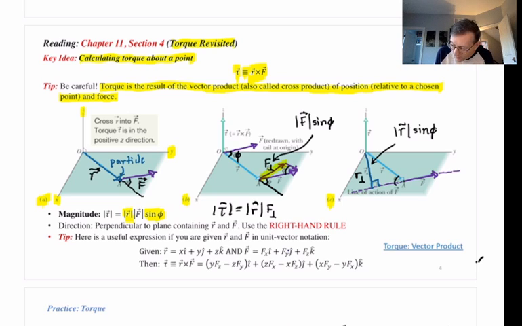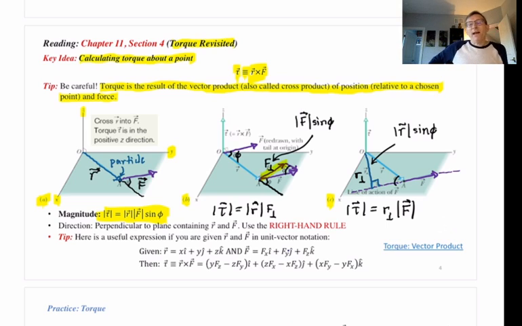So I get yet another way to calculate the magnitude of the torque: moment arm, R perp, times the magnitude of the force, which is how I did it in chapter 10. And again, I'm just showing you that this method over here for calculating the magnitude of the torque from the vector product is equivalent to the way we were doing it in chapter 10.